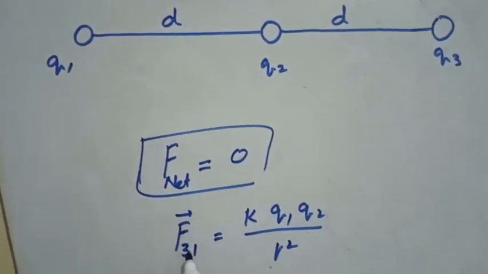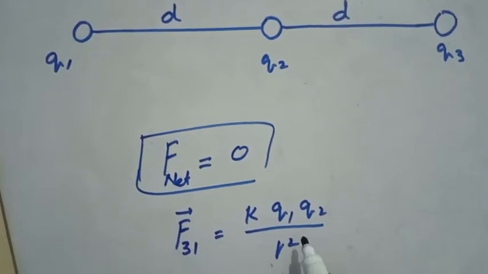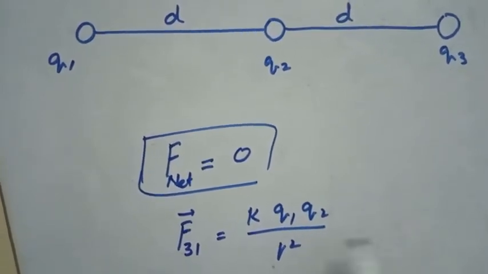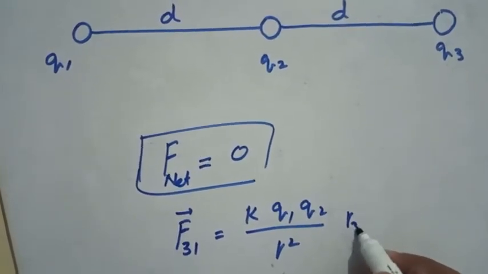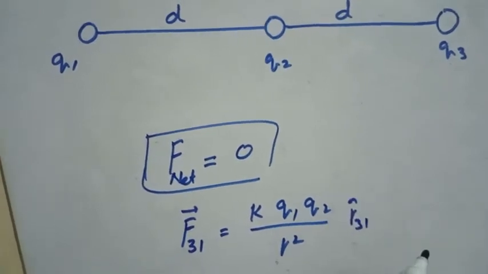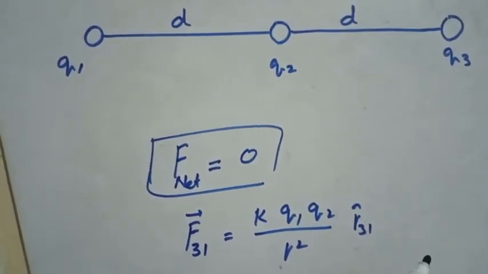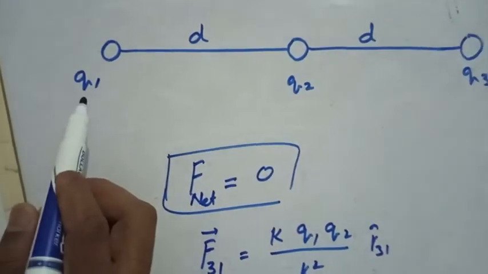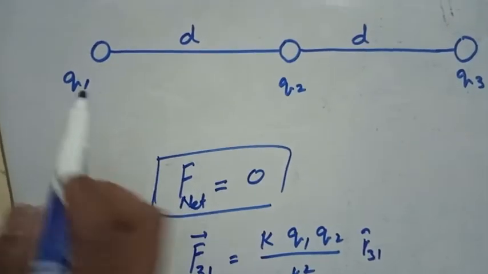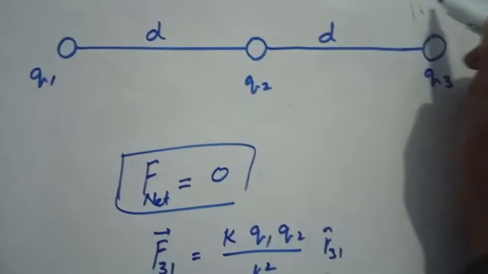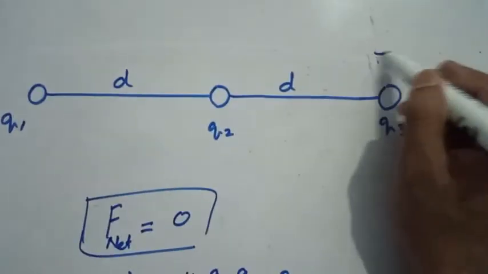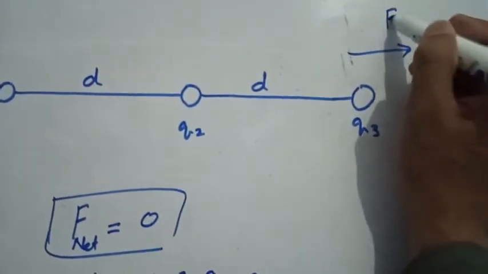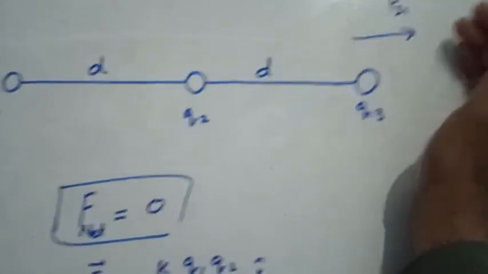As force is a vector quantity, to represent its direction we use a unit vector, that is r31 hat. We suppose that the force exerted by charge q1 on q3 is acting towards the right. This is the direction of force F31.